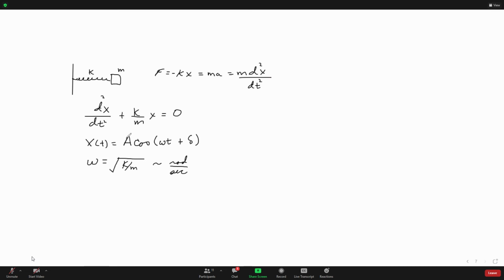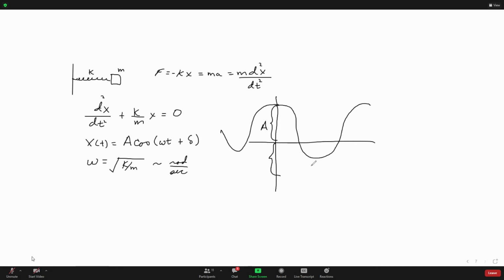Now, we call A the amplitude and delta is the phase constant. Let's look at a cosine function. Let's say it looks like this. Well, the amplitude A is this distance. It's also this distance. I didn't really draw it right.